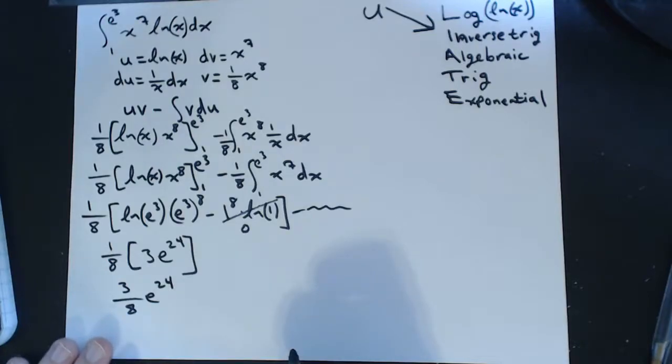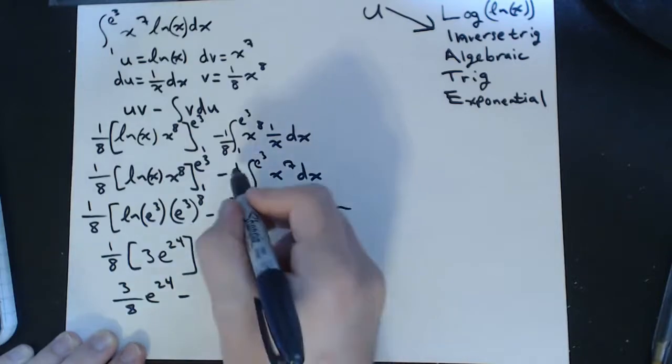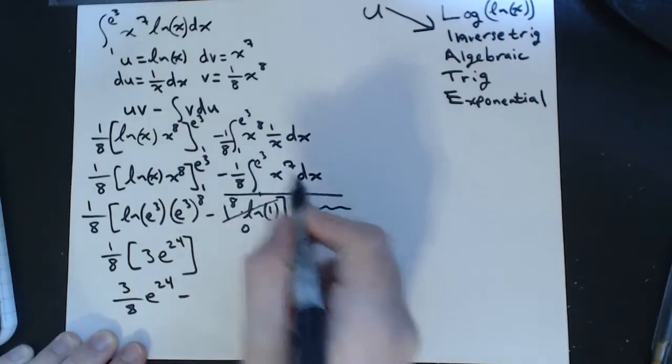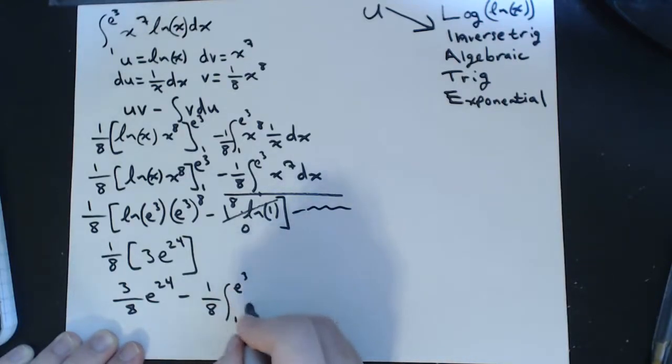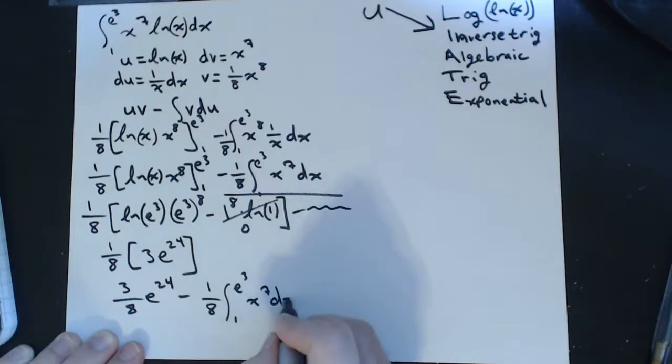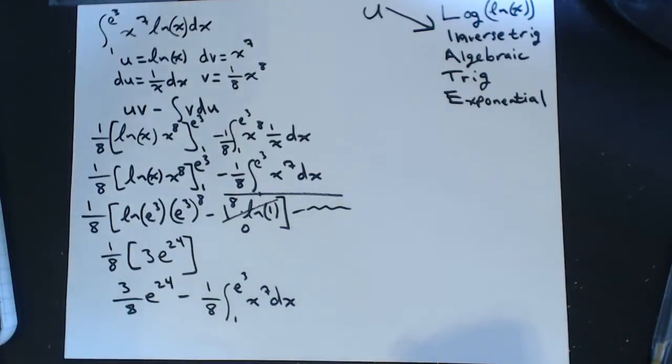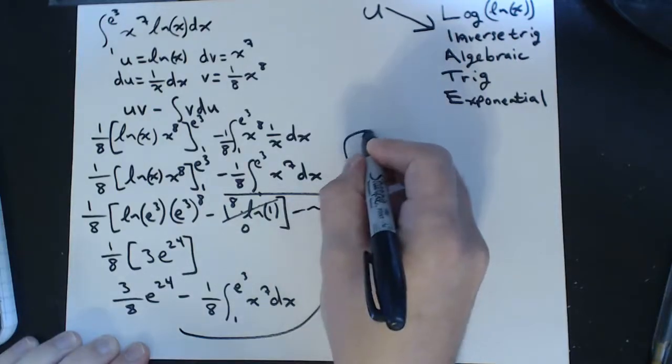And then we're left with minus, I'm going to rewrite this portion back into the problem, minus 1/8 integral 1 to e cubed of x to the 7th dx. So now that's back into our problem, and then all we'll do now is solve the rest of this. So I'll draw an arrow up here.